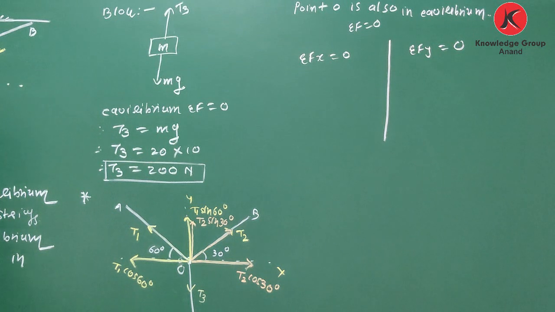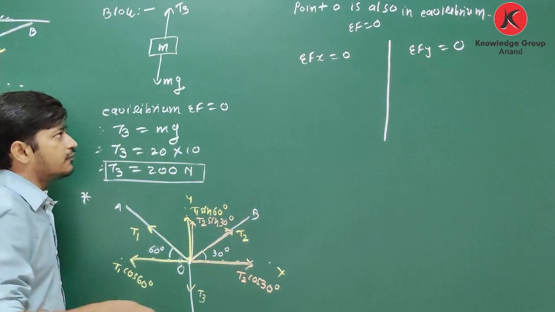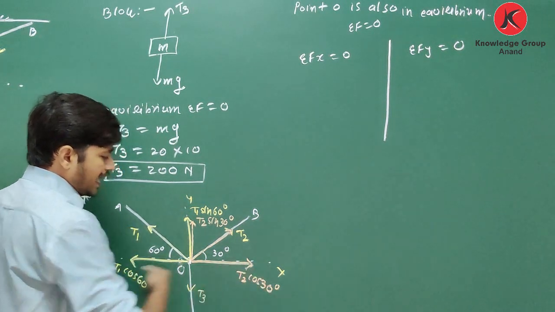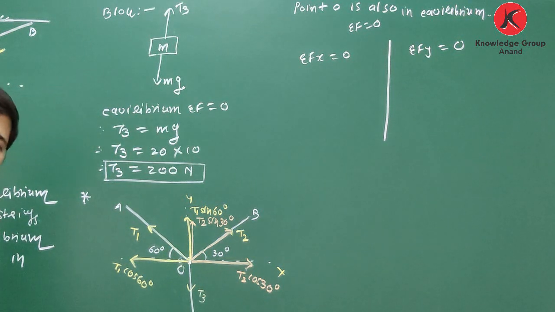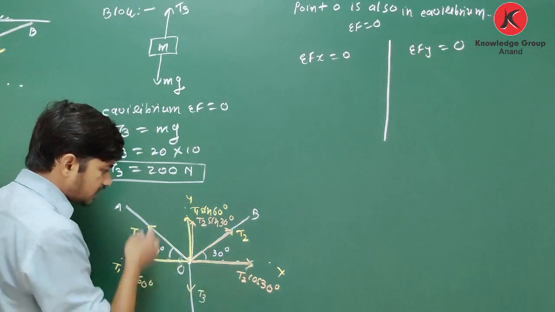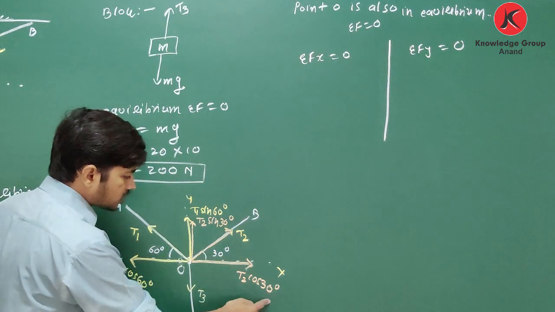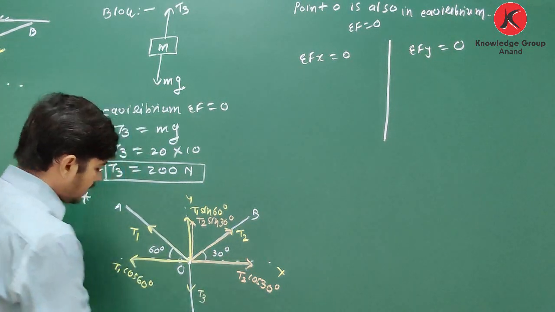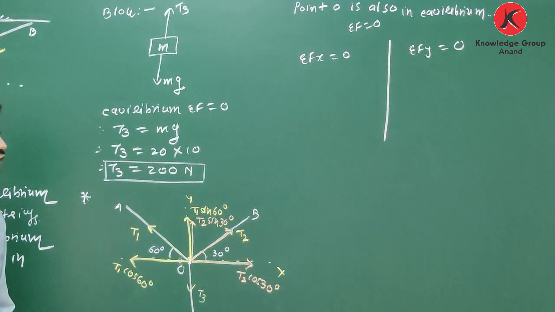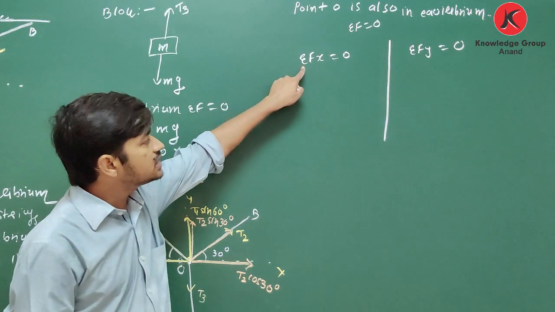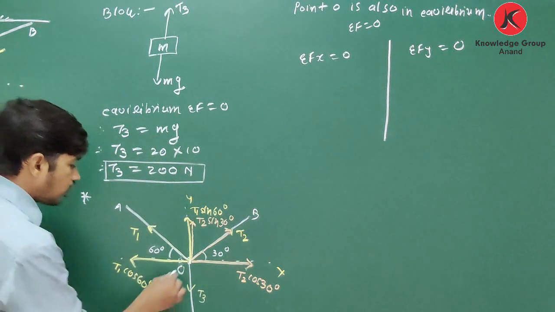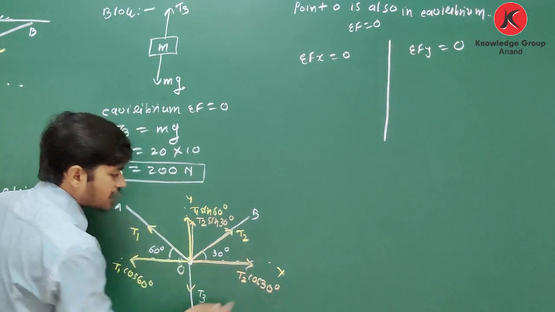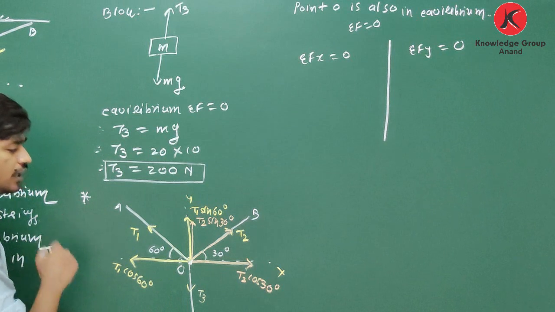Point O, see, first of all you have to identify the forces acting along the x direction. See, it is the x direction and we have two forces, T2 cos 30 and T1 cos 60. If sigma Fx is equal to 0, we know that on point O, the force acting on the right hand side is equal to the force acting on the left hand side.